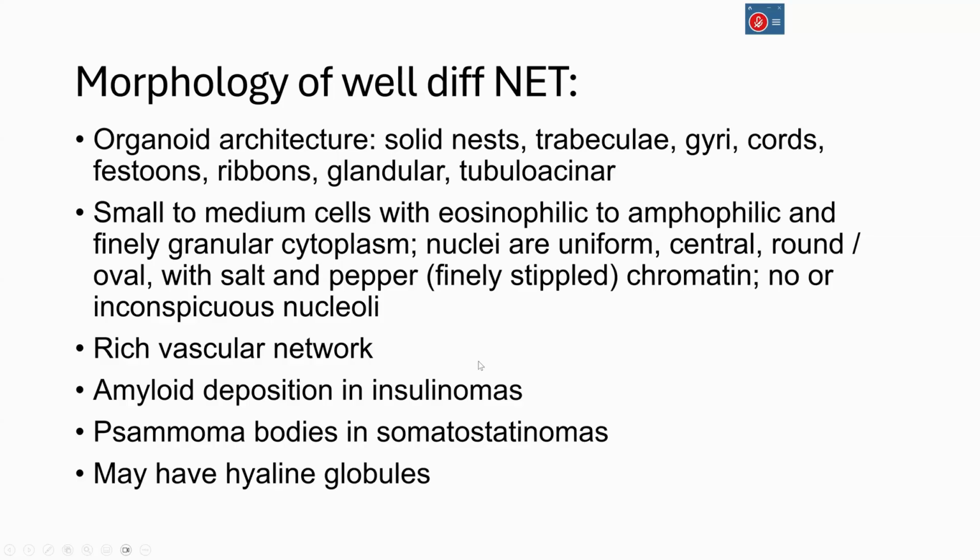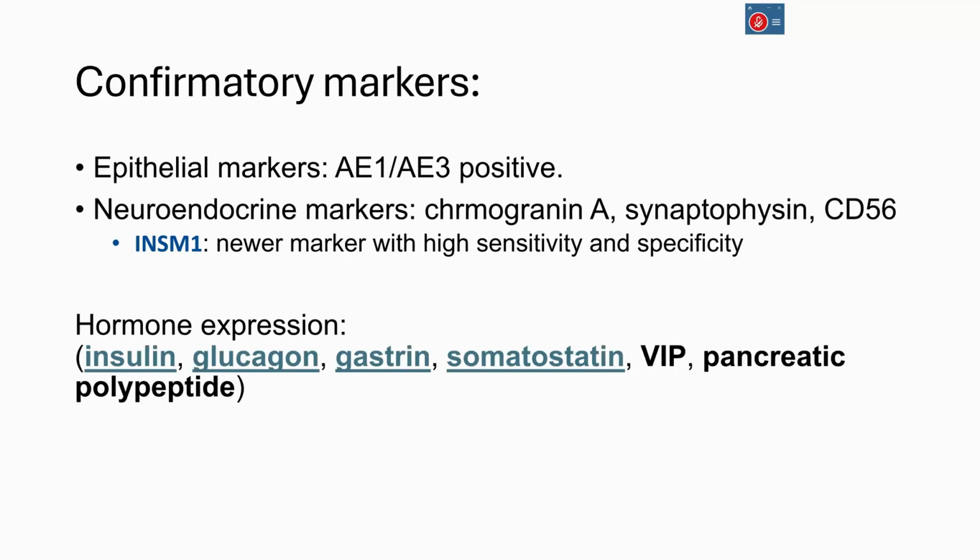While sporadic neuroendocrine tumors are generally non-secretory. And depending upon their secretions, patients have the relevant symptoms as well. So psammoma bodies can be found in somatostatinomas, and hyaline globules can also be there. So you can have various morphological patterns for neuroendocrine tumor. It's not just a simple morphology.